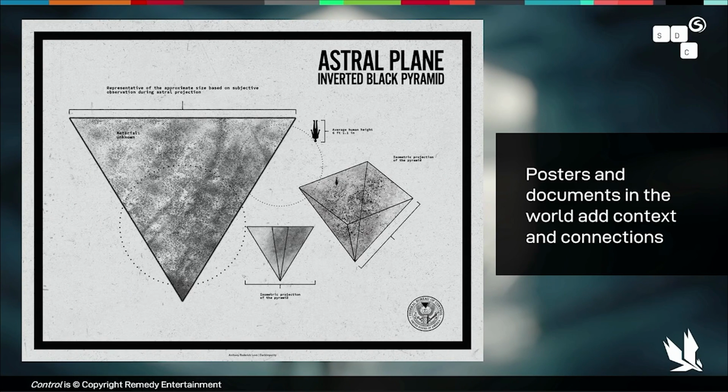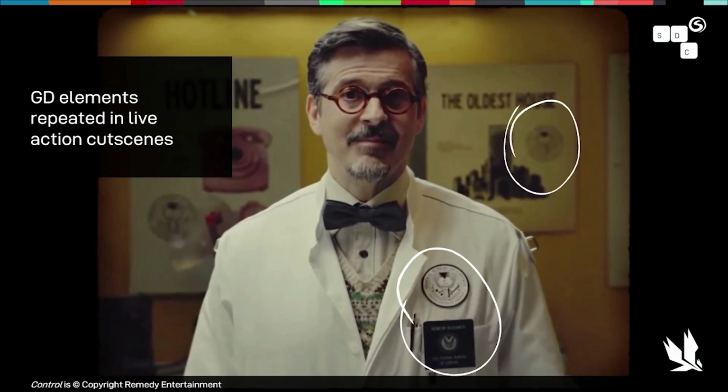And again, we'll see that repeated in posters that you find around the levels. This one is sort of exploring diagrammatically what is going on in the astral plane, what is going on with that black pyramid, and then you'll see the logo repeated down here. The fact that they repeat the logo so many times throughout the game really helps build the sense that this is a real functioning organization.